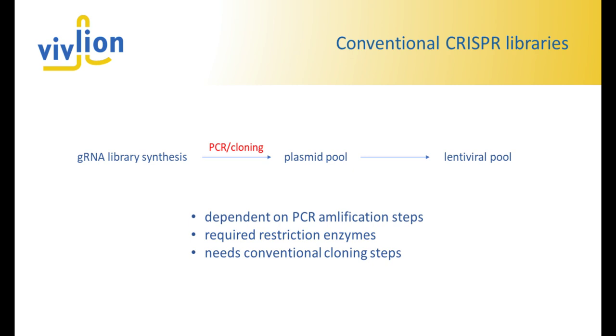So when we talk about generating reagents for single or even screening purposes with CRISPR-Cas, there are a few caveats that I would like to point out to you, especially when it comes to the generation of libraries for gRNAs. Most of us, if we do generate libraries today, depend on PCR and conventional cloning techniques.